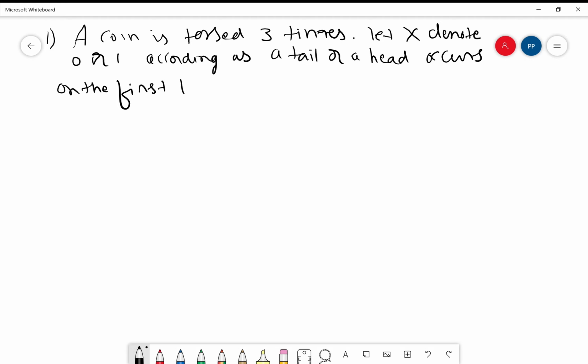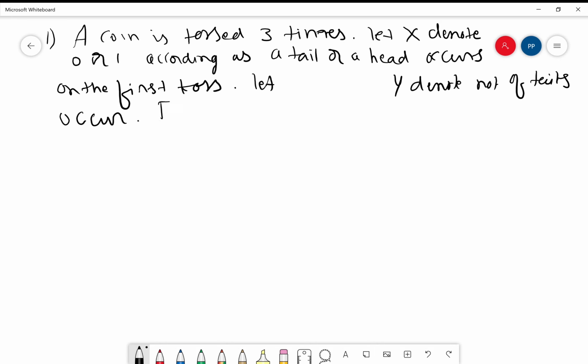Let y denote the number of tails that occur. Find the probability distributions of the variables x and y, and also the joint probability distribution of these variables x and y.